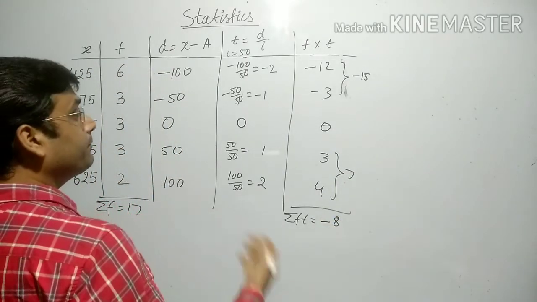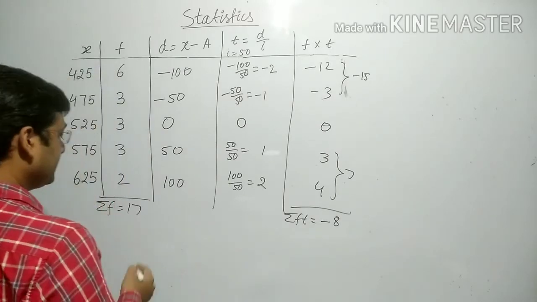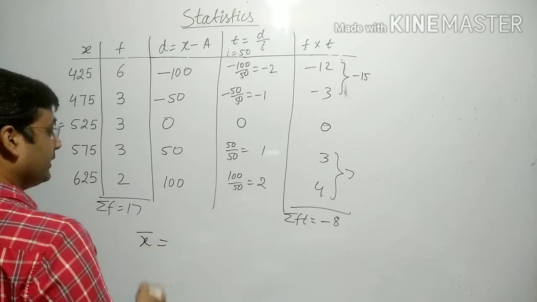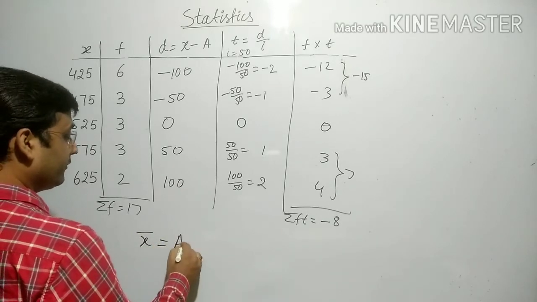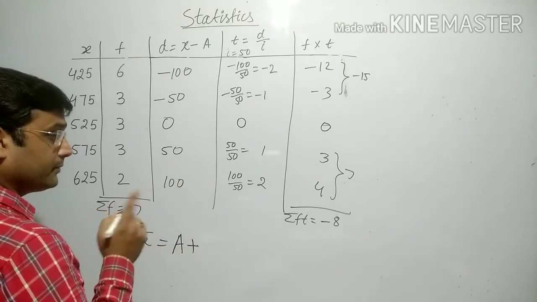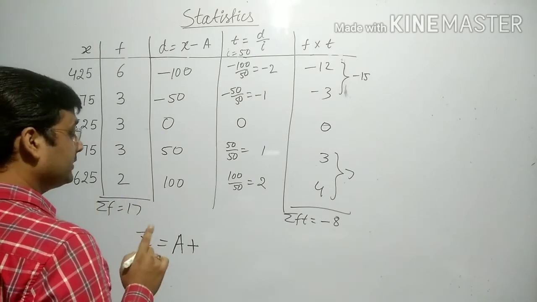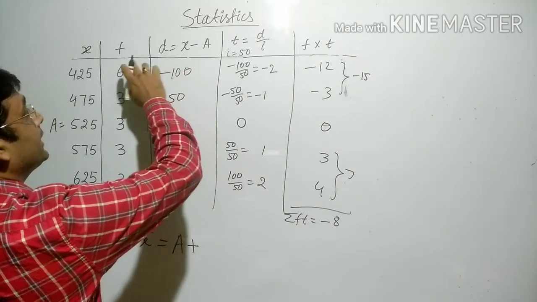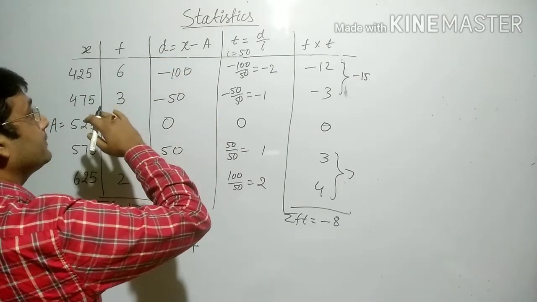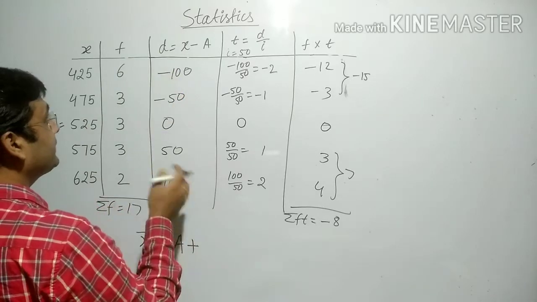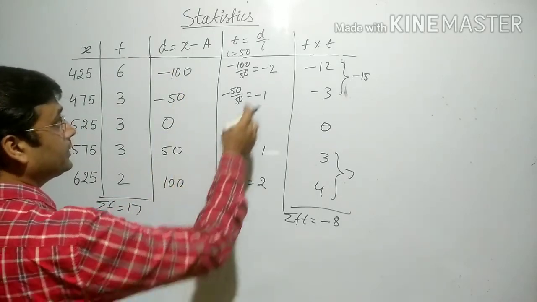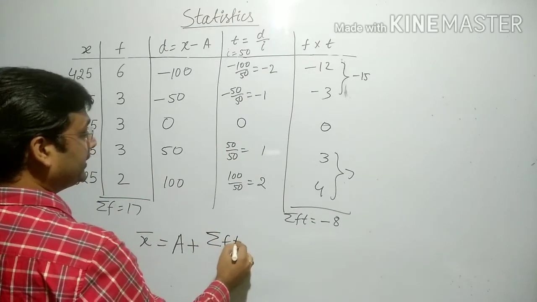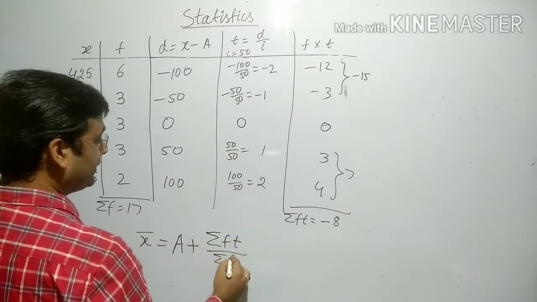Now how we will implement this in the formula, that is the last important thing here. x bar, that means mean, is equal to a, as in the previous shortcut method, plus f multiplied by d divided by sigma f. Similarly here we will write sigma ft divided by sigma f.